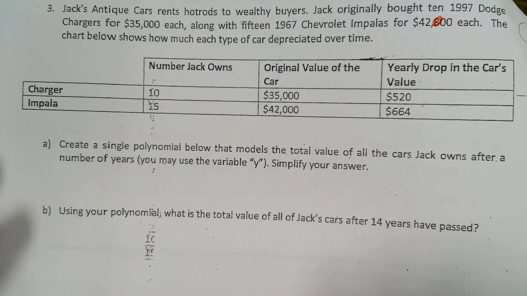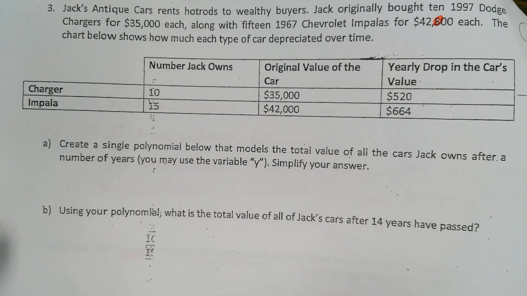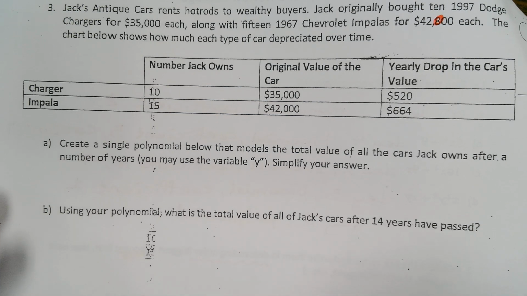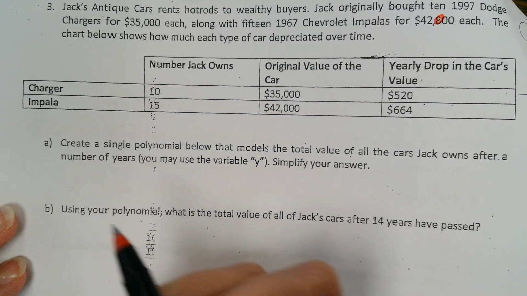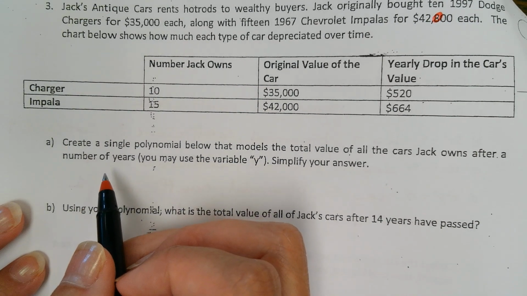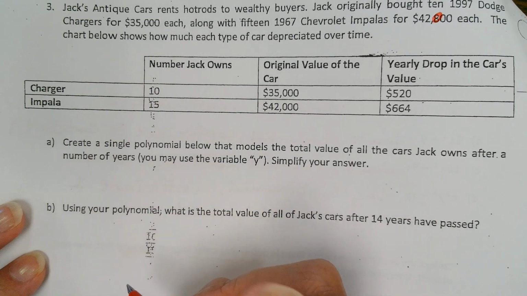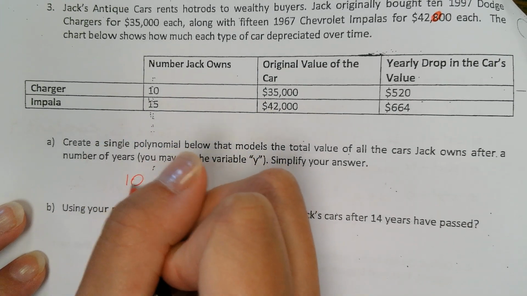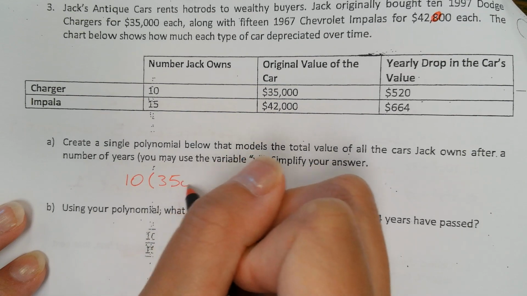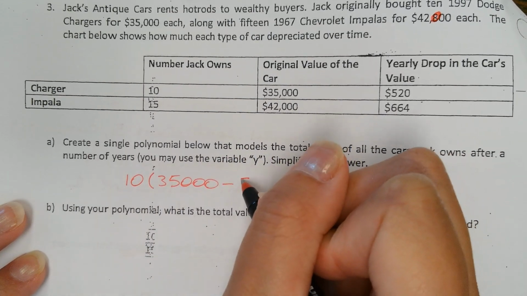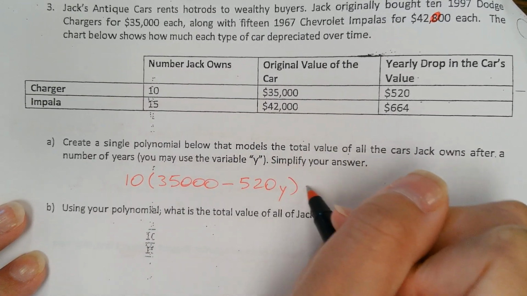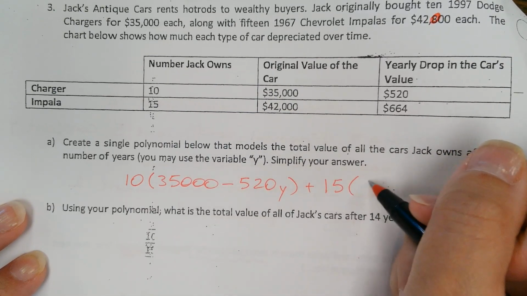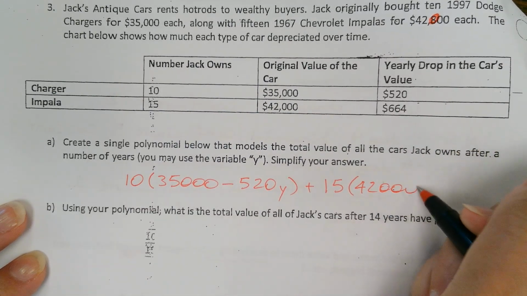Let's see. Who wants to tell me the equation? Who likes cars? Brian, you want to tell me your equation for 3a? 10 brackets 35,000 minus 520y brackets plus 15 brackets 42,000 minus 649y brackets.